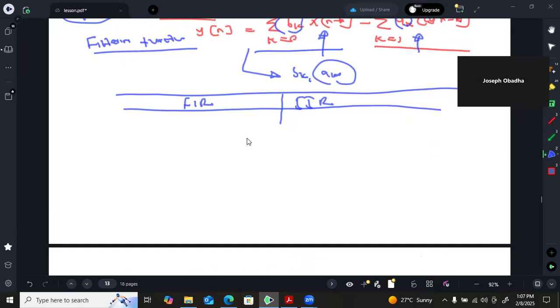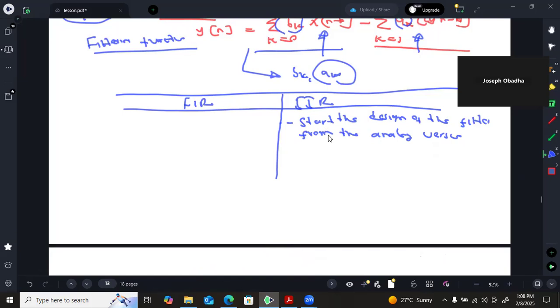For the FIR filter, first of all, you don't need to start from the analog filter. For the IIR, you need to start the design of the filter from the analog versions, like the Chebyshev filter.